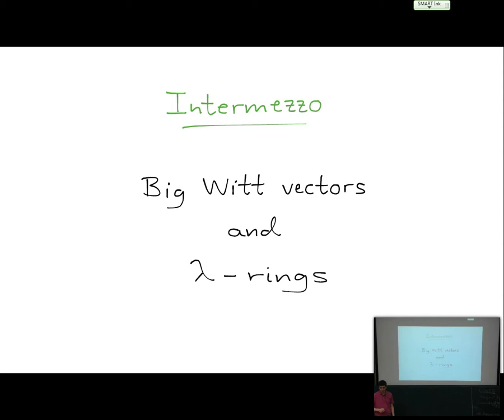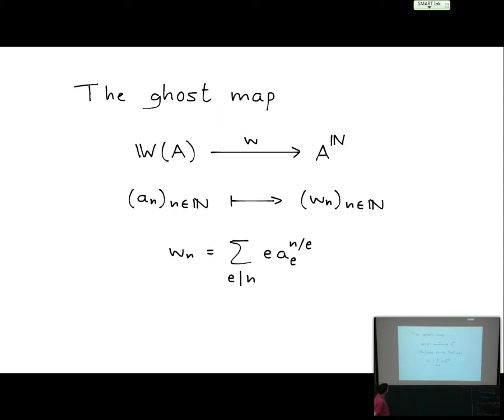So now there's an intermezzo where I will define big Witt vectors and lambda rings. Denninger already talked about Witt vectors in his talk yesterday. So there's this map called the ghost map. The domain of that is this big Witt ring, and as a set, it's just sequences of elements in A. So the domain and target of this map is the same set.